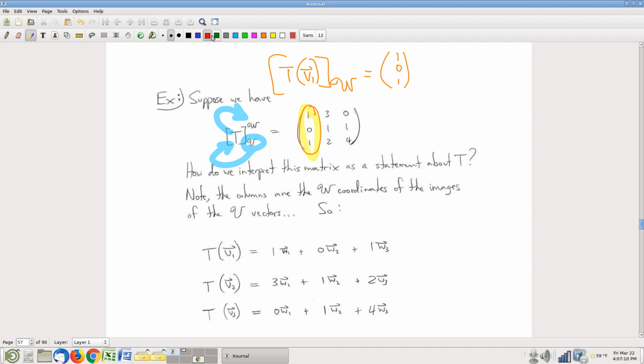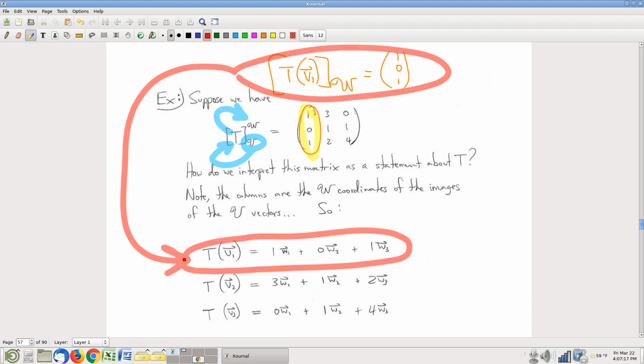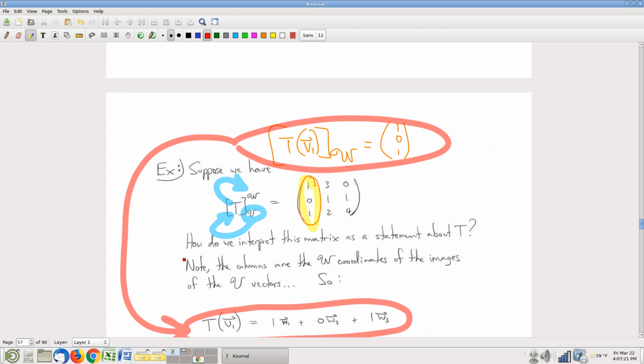That statement is equivalent to this statement. The W coordinates of something being 101 means that that thing is the 101 linear combination of the W vectors.